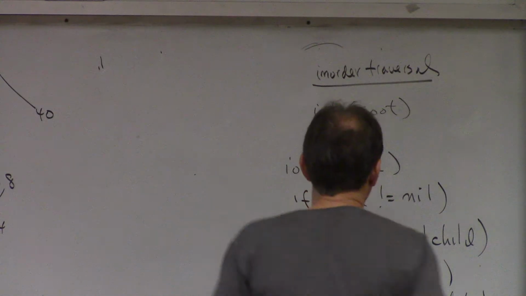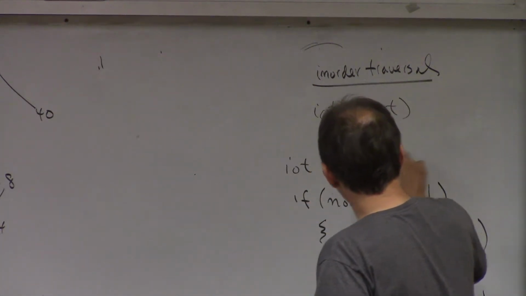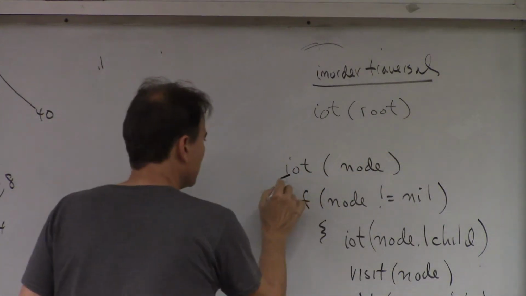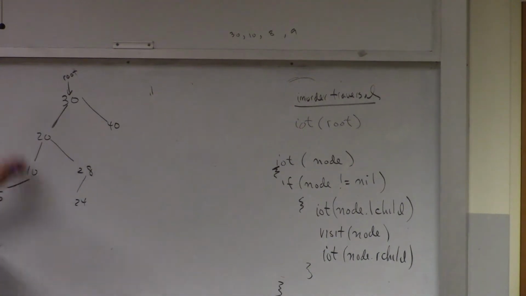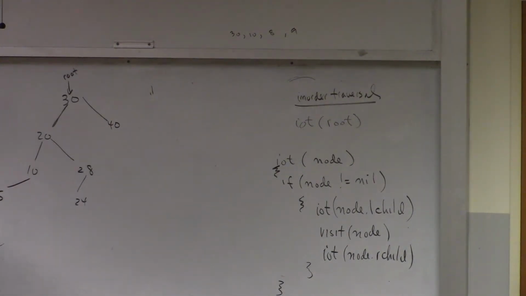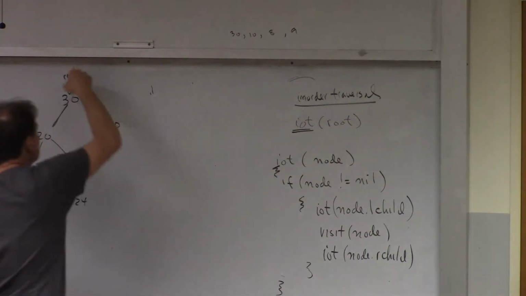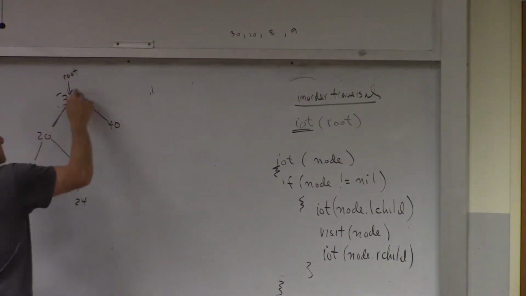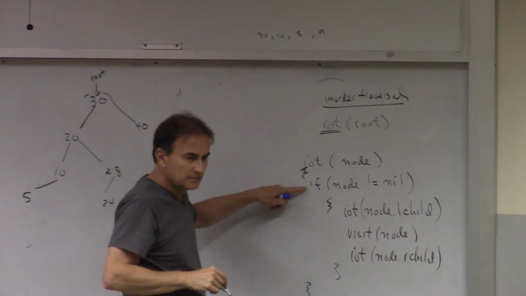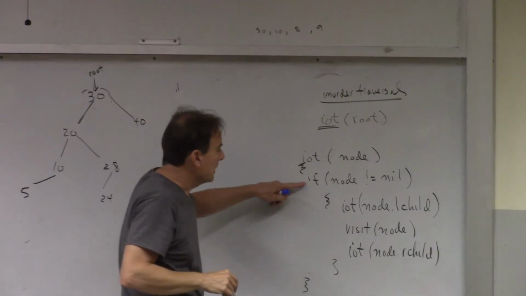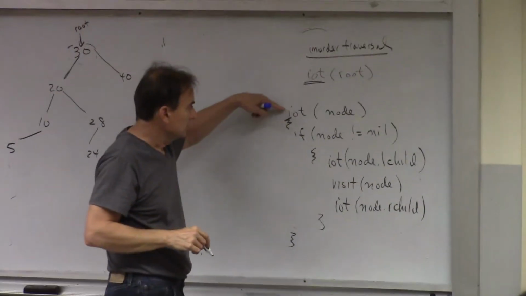Let's see how that would work. So that's the end of this algorithm. This is the start up here, and this is the end. So somebody says, okay, do an in order traversal of the root, so they sent me the root. So that means it's going to be this node right here. The node is not nil. So remember, I am at level 0, because somebody called me level 0.